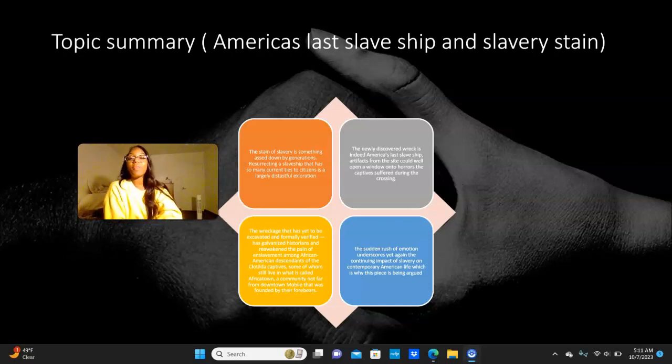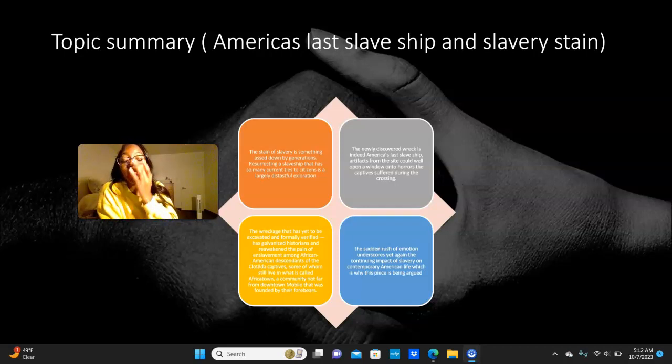So, this editorial entailed the wreckage that has been excavated, informally verified, and galvanized by historians, and it has reawakened the pain of enslavement among African American descendants of the, it's pronounced Clotilda slave ship, some of whom still live in what is called Africatown, a community not far from downtown Mobile that was founded by the forebears.